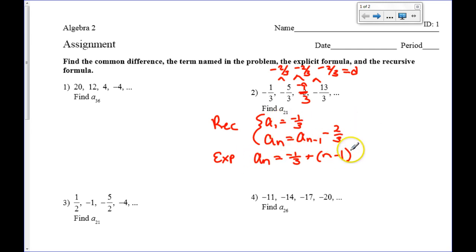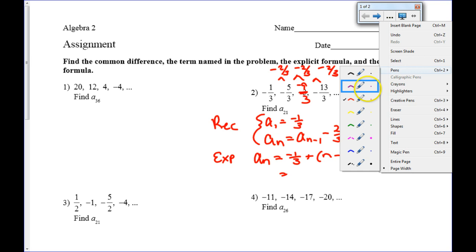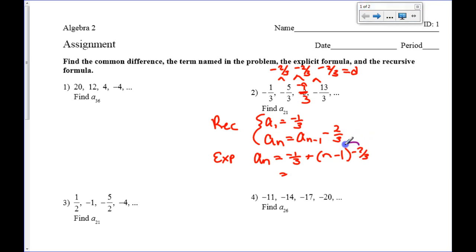Okay? So this one, D, is -2/3, right? So I am going to go through and distribute this to both of these. Okay? So I have -1/3 plus a -2/3 n plus 2/3.